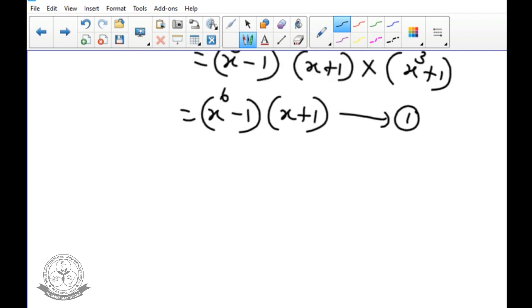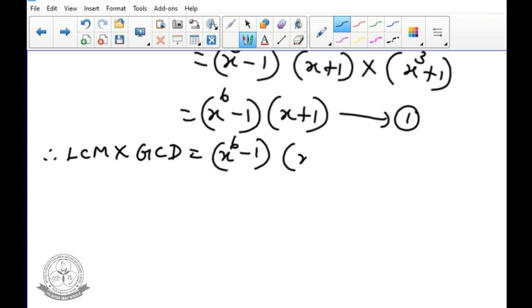Next you have to find out the product of LCM and GCD. Therefore, LCM into GCD. Our LCM is x to the power 6 minus 1, and our GCD is x plus 1.